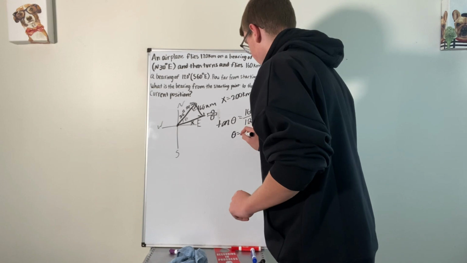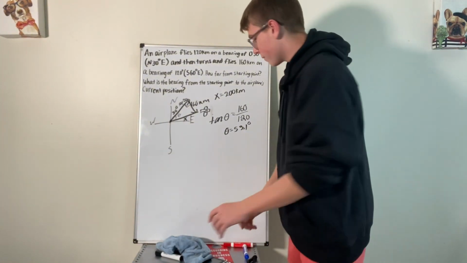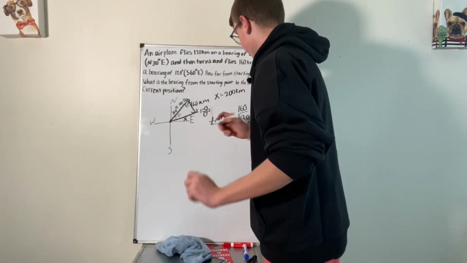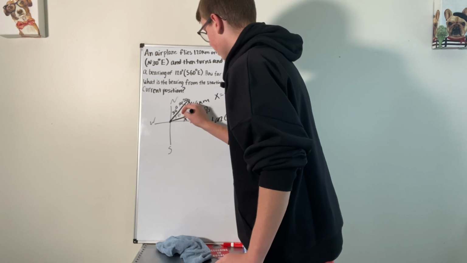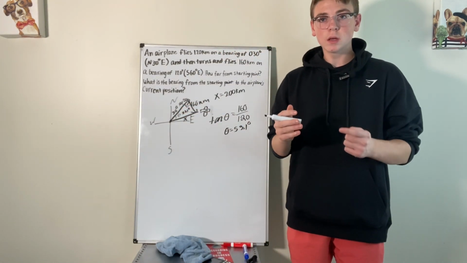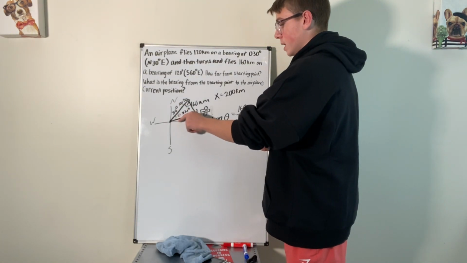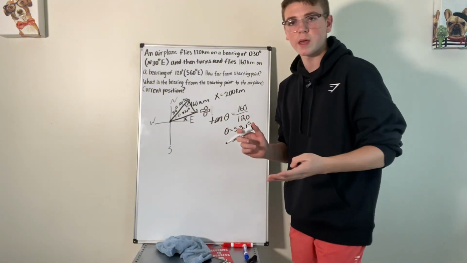Theta equals 53.1 degrees. Now that we have the angle of theta, what the bearing means, of course, is the angle from north to this line, right? Because this line is really the angle.